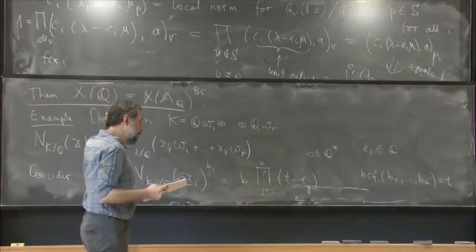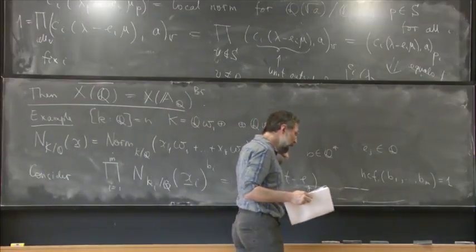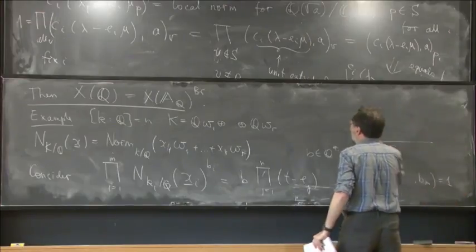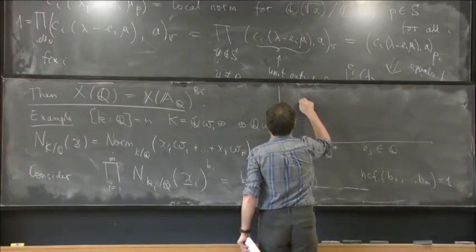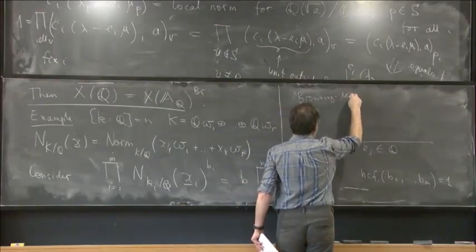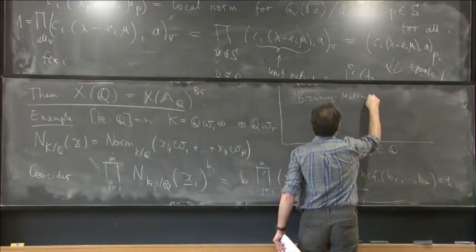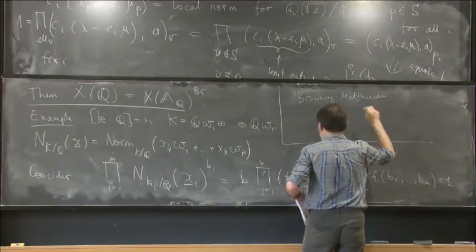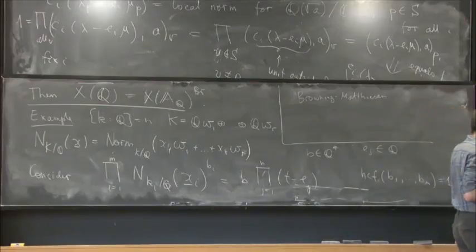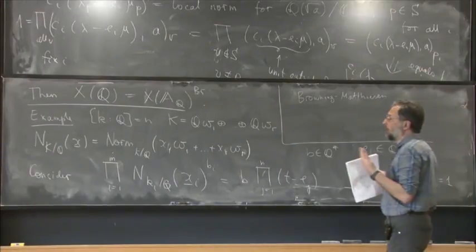Now, I mentioned that I need a slightly stronger analytic ingredient. This is based on the work of Browning and Matthiesen, who use additive combinatorics. The idea of the proof is the same as before, you just need to work slightly more.